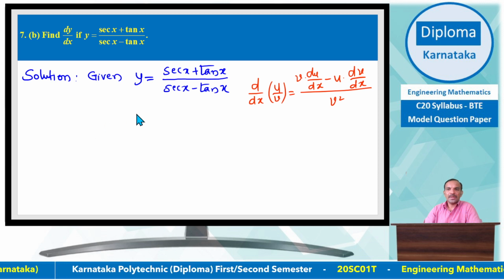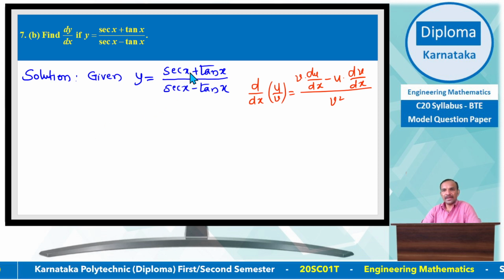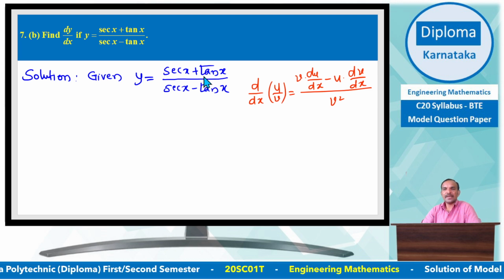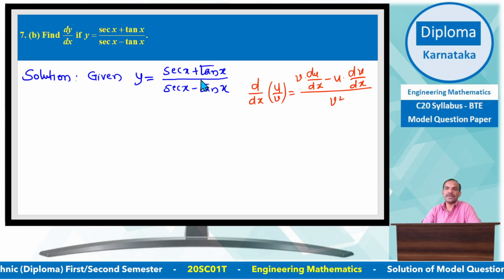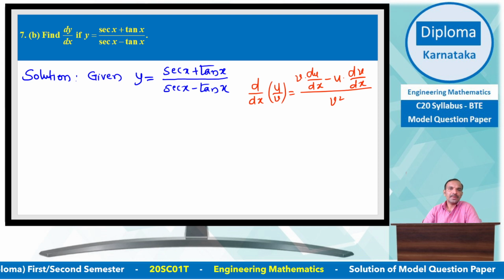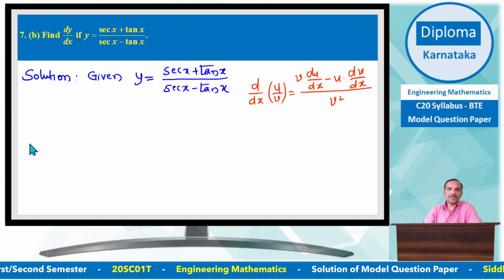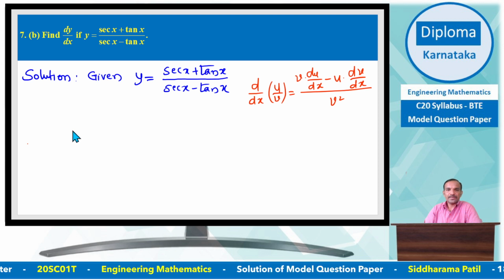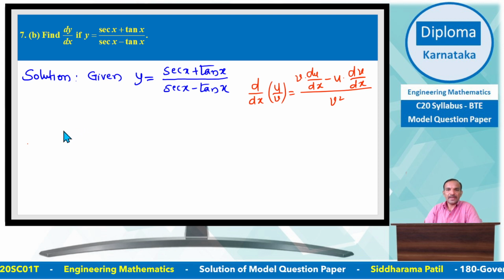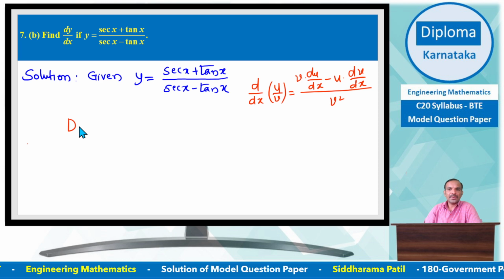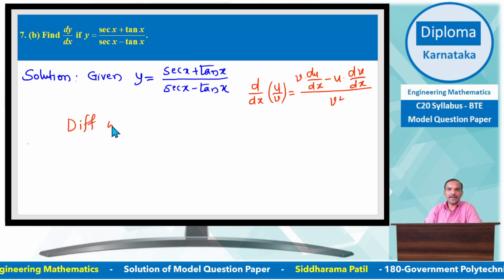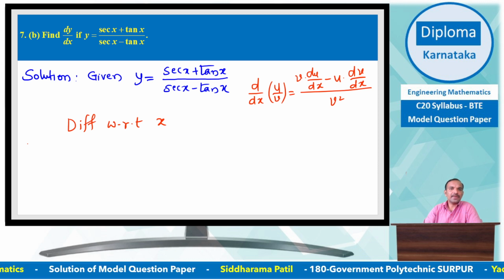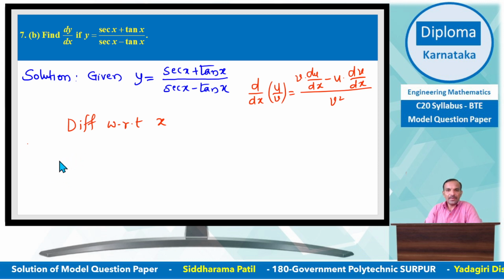Otherwise, you can also simplify to make it simple, by writing in terms of 1 by cos x, to save time. Now differentiating y with respect to x.